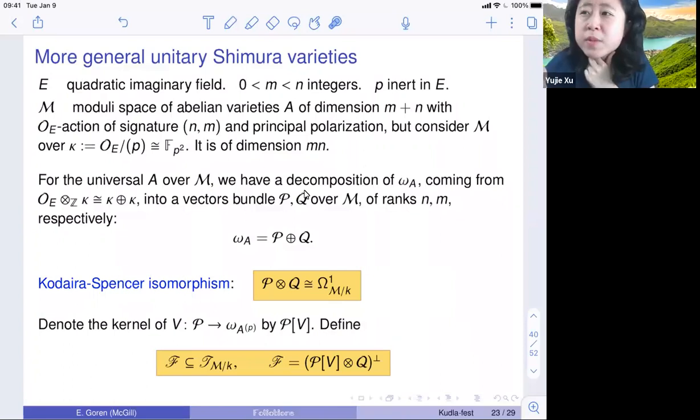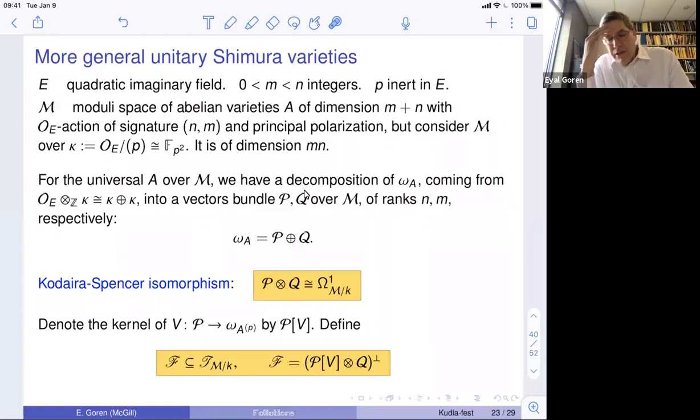So is this where you mentioned something about Moonen's or maybe someone else's totally geodesic subvariety or something like that? Yeah, Moonen has this theory of cascades or generalized Serre-Tate parameters that is used to study the deformation theory of general points of Shimura varieties when they are not ordinary.